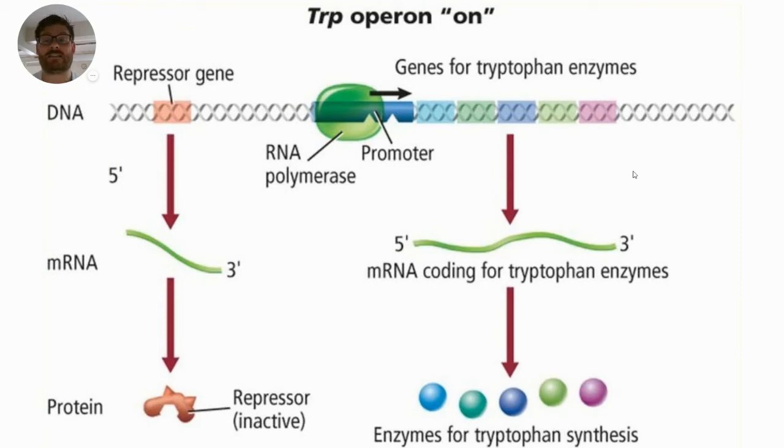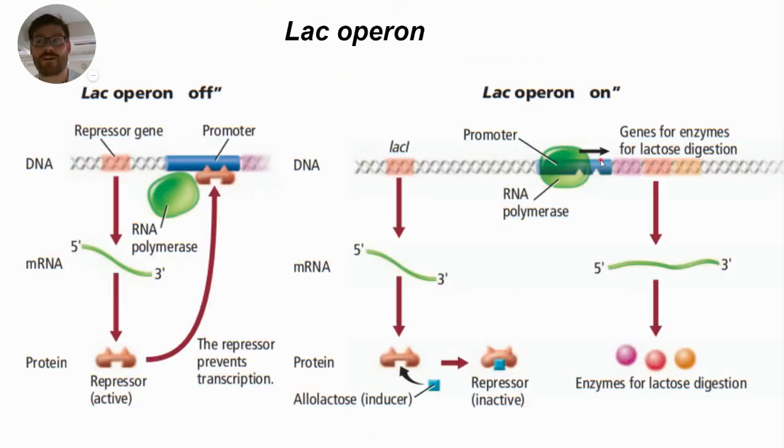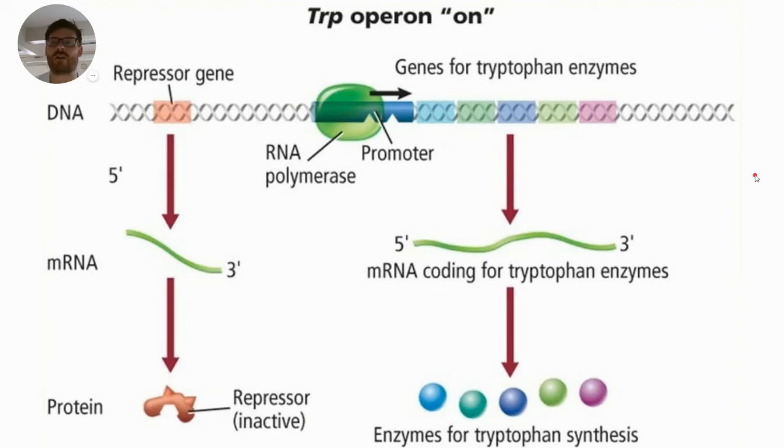In this case, the gene is always on. In the lactose one, it was always off as a starting position, and in this one, it's going to be always on. And so in this case, the gene is going to always be producing enzymes for the protein synthesis.